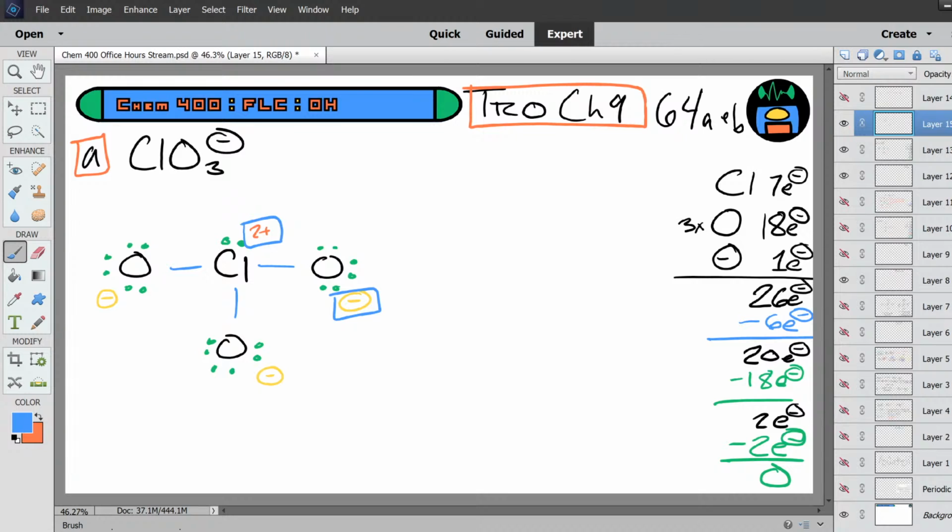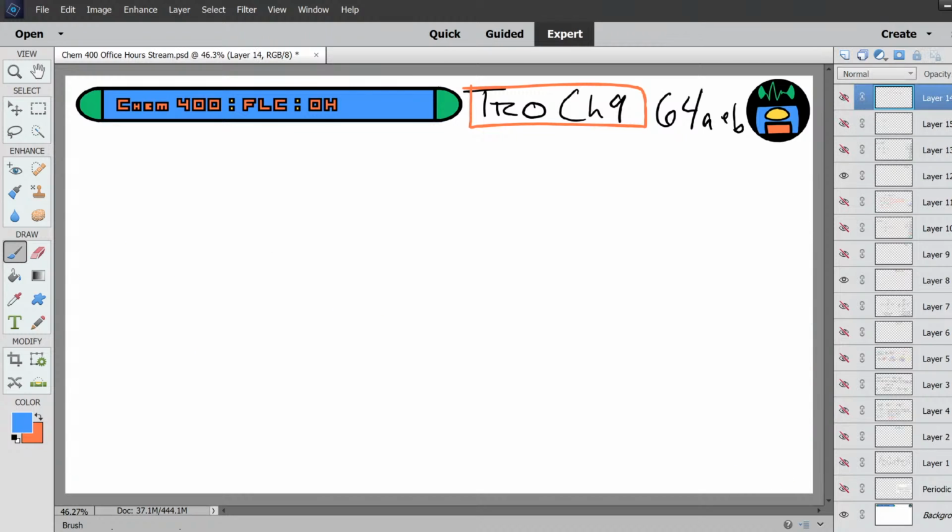And here's how. I'm going to open up a new slide. So I'm just going to redraw the Lewis structure we had. Nothing changed.